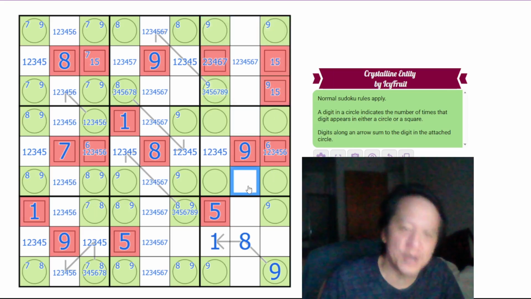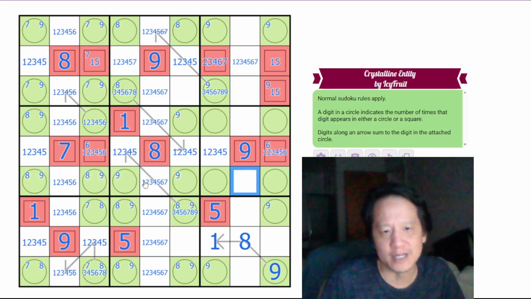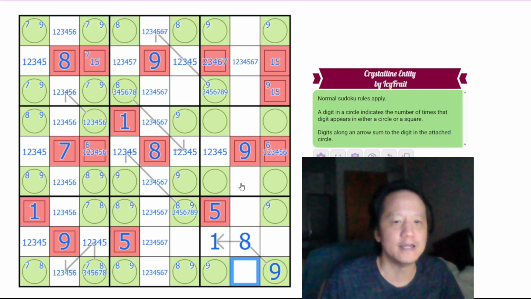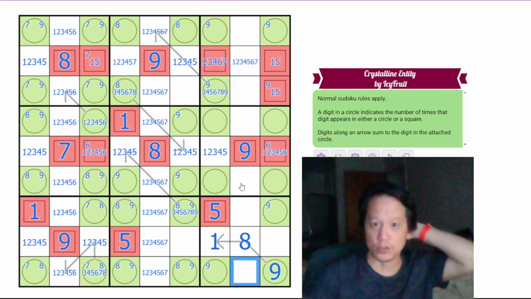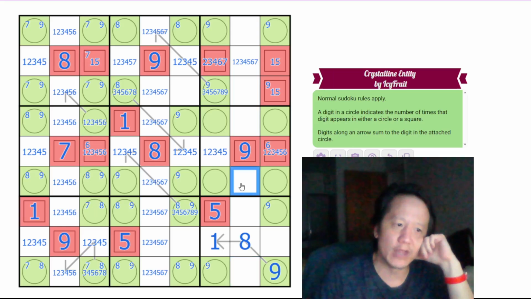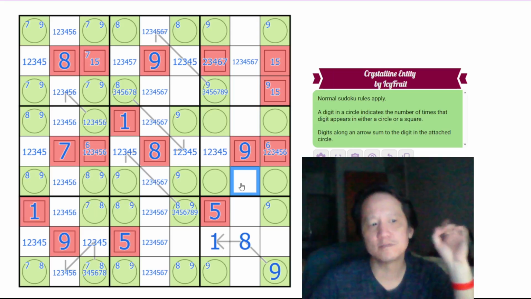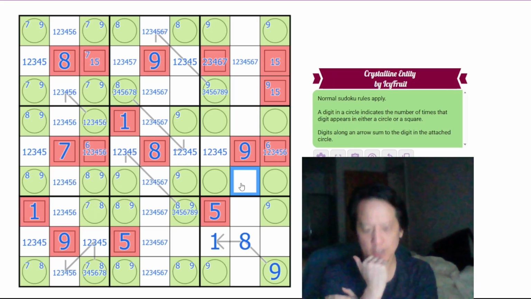So they would both have to be in row 6, because again, they do not appear in row 1. They can't appear here in rows 1, 6, and 9, and they have to avoid being in a circle. So they would both have to show up here. That doesn't work. So 1 and 5 doesn't work.